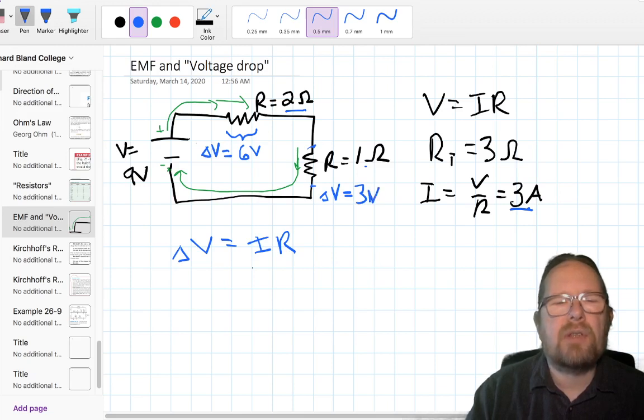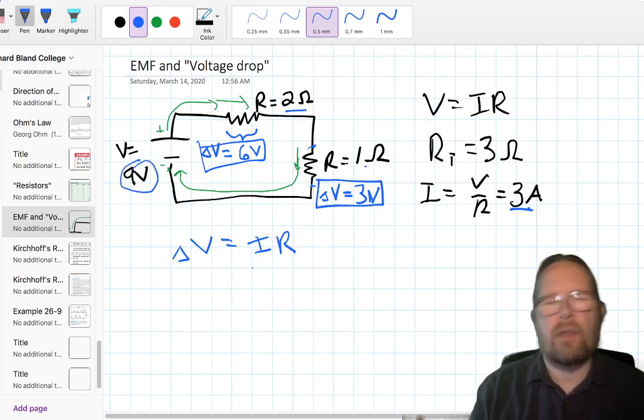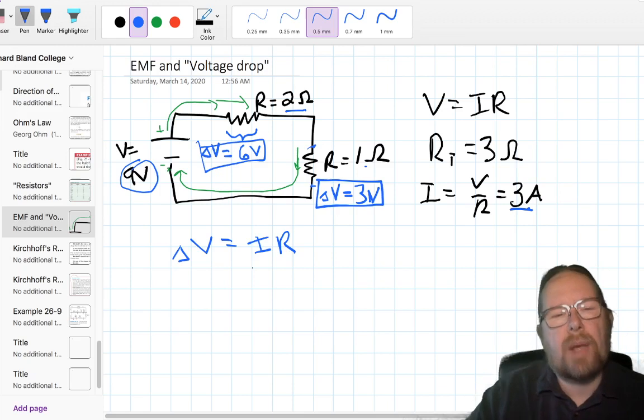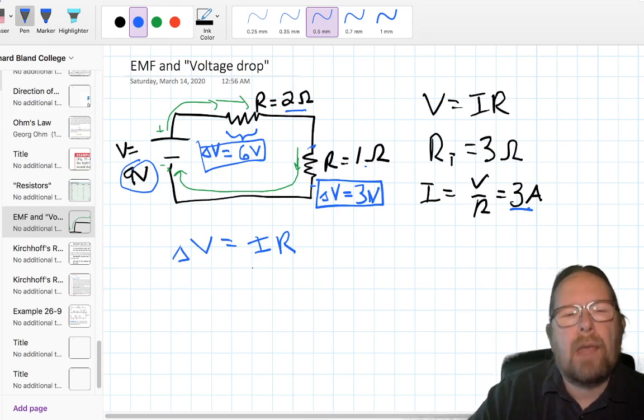And what we can see is that the sum of these voltage drops, 6 volts over this resistor and 3 volts across that resistor, is equal to 9 volts, the total potential difference between the positive and negative terminals of the battery. So as you cross over each resistor, there's a change in potential energy per unit charge given by IR, where I is the current through that part of the circuit, and R is the resistance.